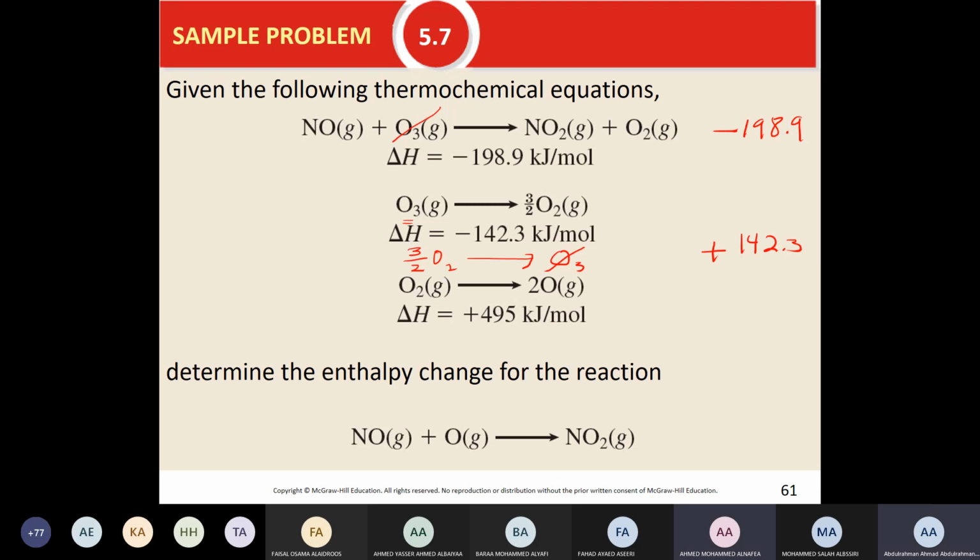Now, yes. Last thing. How many O do I need? Only one. How many O do I have here? 2. 2. So how can I make it 1? Divide the equation by 2.